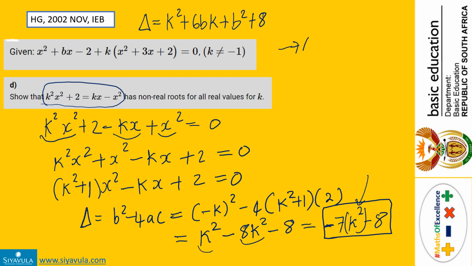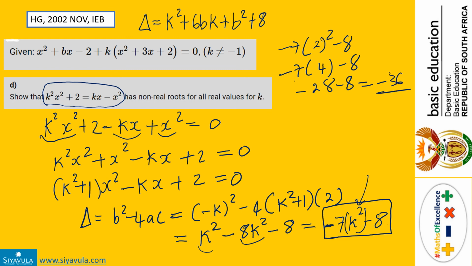We can prove it. If we substitute k equals 2, then it's minus 7 times 2 squared minus 8. You see, minus 7 times 4 is going to give me minus 25. Is it minus 25 or minus 21? Let me check. Minus 7 times 4 is minus 28. Minus 28 minus 8 is minus 36.